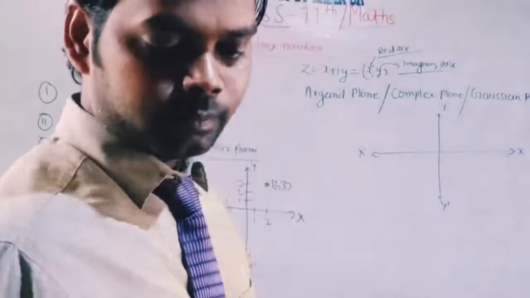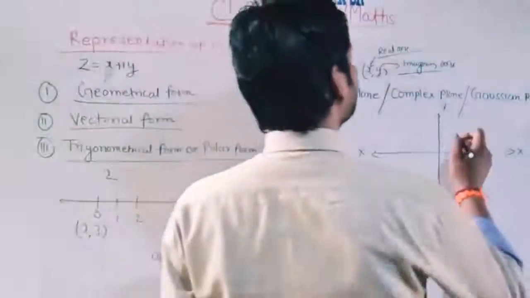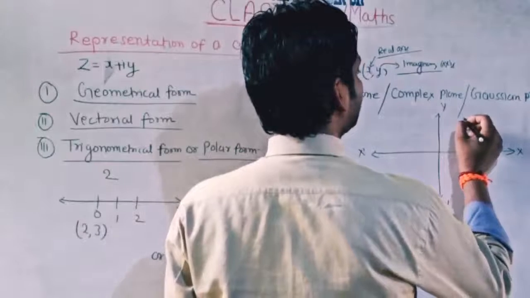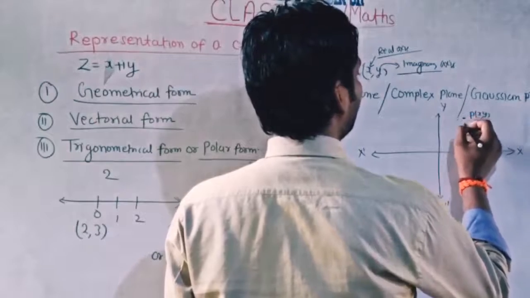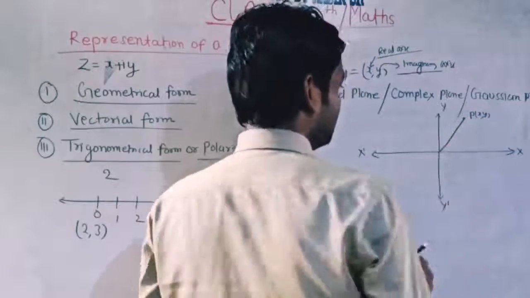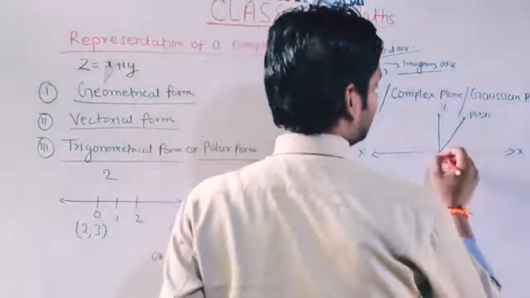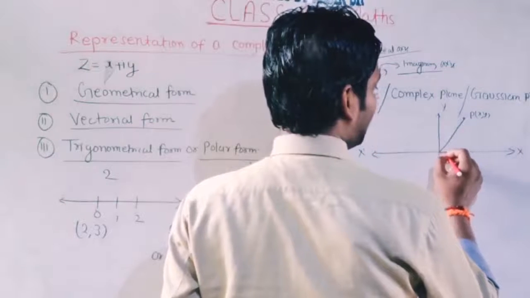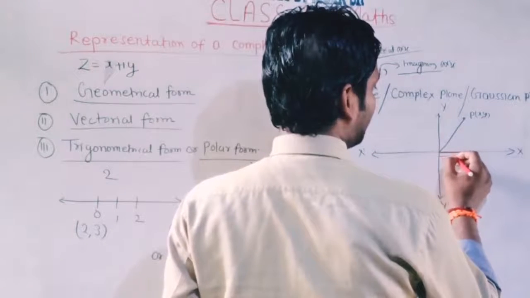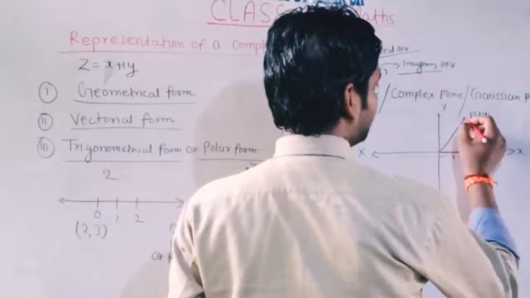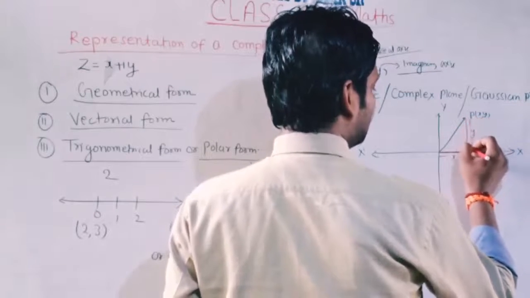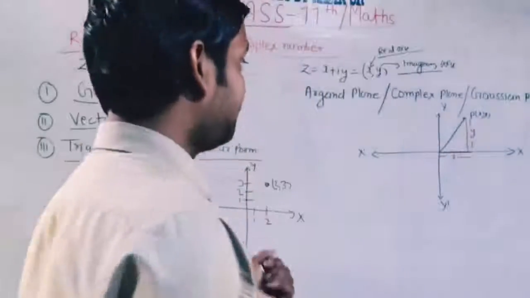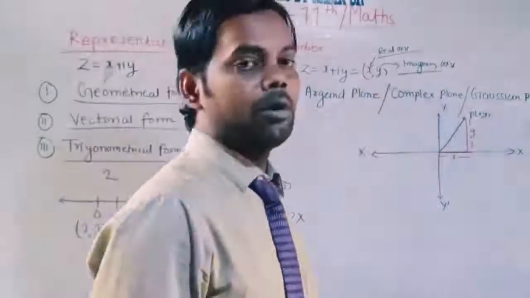Suppose x comma y lies here; this is a point P, x comma y. As we know, we move from the origin x units, and after that perpendicular y units. This is the representation of the coordinate x comma y.